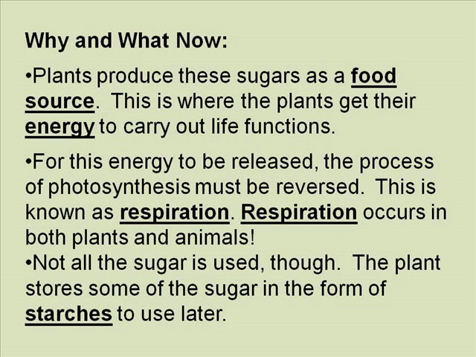So they are going to change some of these sugars into starches, which are more stable, and they're going to store them in the roots, in the stems, and the leaves. And then come wintertime, that is how your plant survives, because the leaves fall off, can't do photosynthesis, but they can survive because they've stored up food.